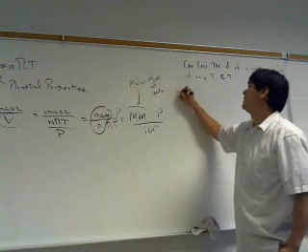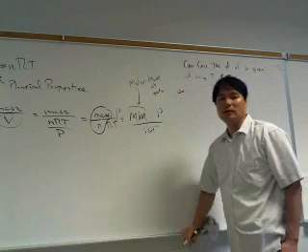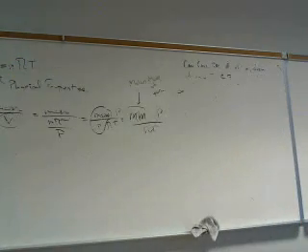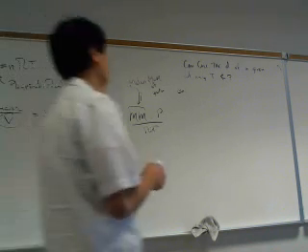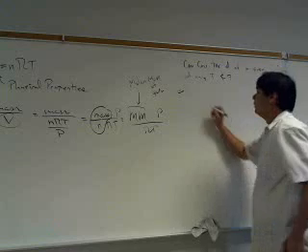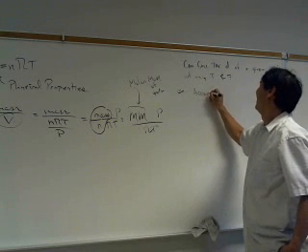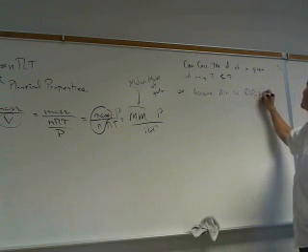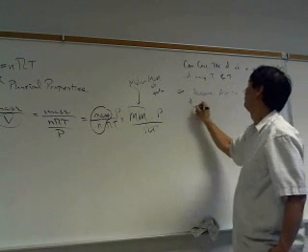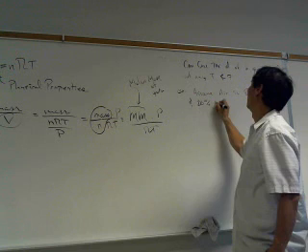And so we could do an example here of a sample problem. We're going to assume air is 80% nitrogen and 20% oxygen.